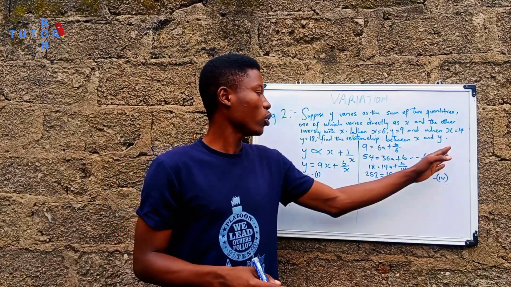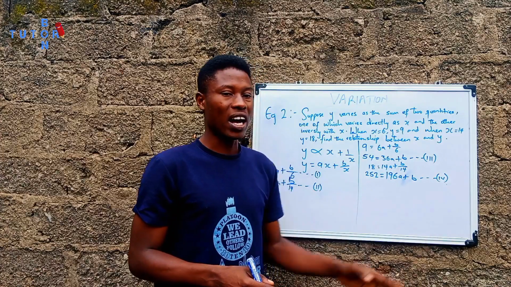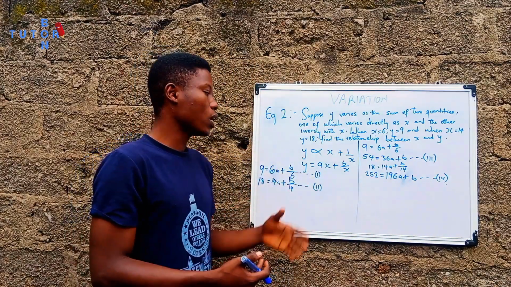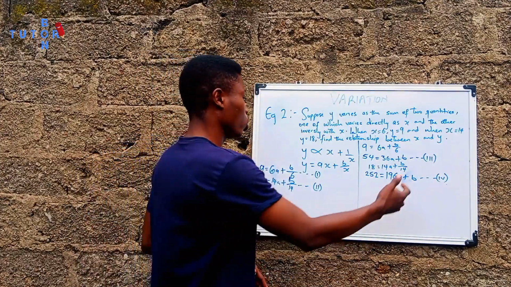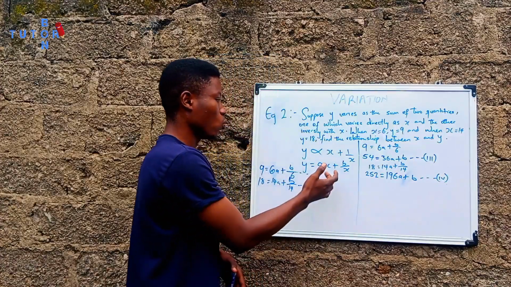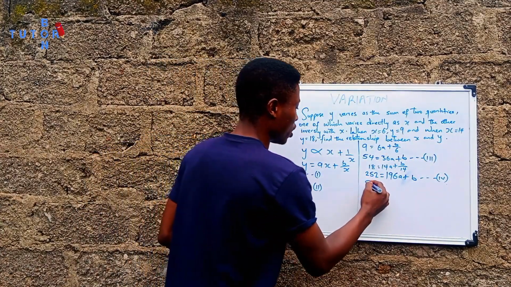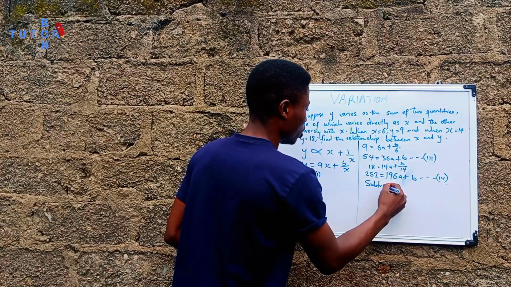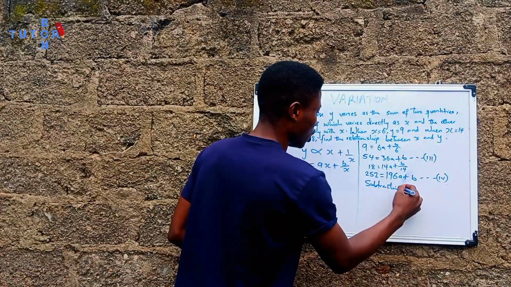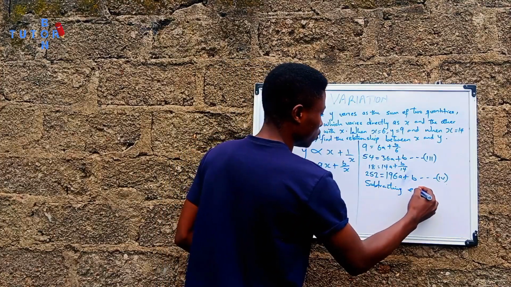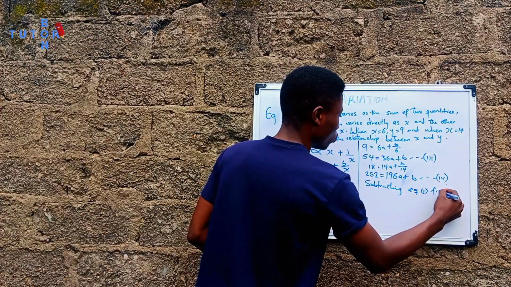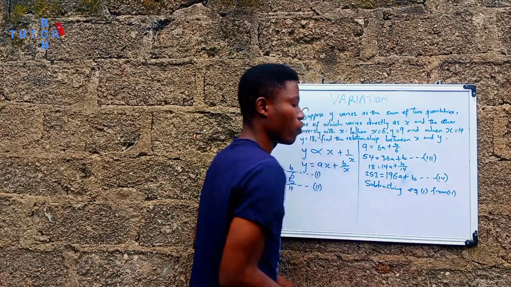Now that I'm having equation 3 and 4 as my revised equation 1 and 2, I'll be working with equation 3 and 4 and not equation 1 and 2. With that, I'll be subtracting equation 1 from 2. Hope you remember how we solved the first one.